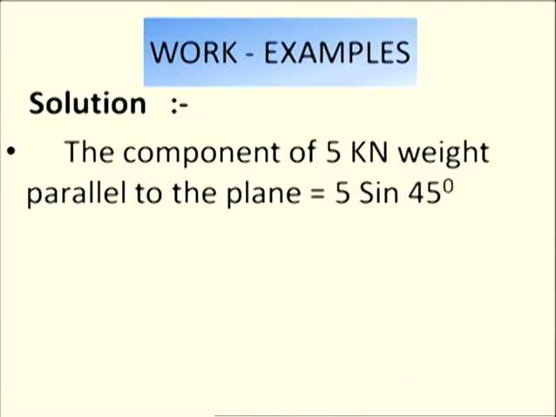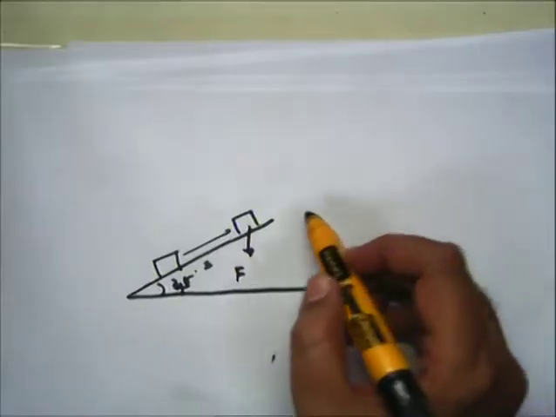The component of the 5 kilonewton weight parallel to the plane is 5 sin 45. How does it come?